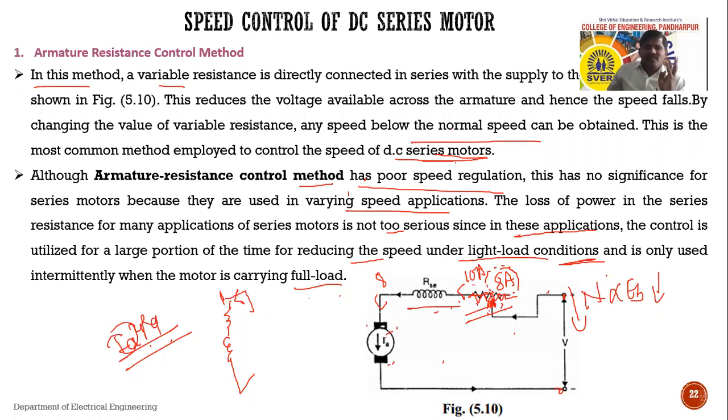First is flux control, and the second is armature resistance control. In flux control, we again use three techniques: first the field diverter, second the armature diverter, and third the tapped field control, that means we provide a particular tapping.